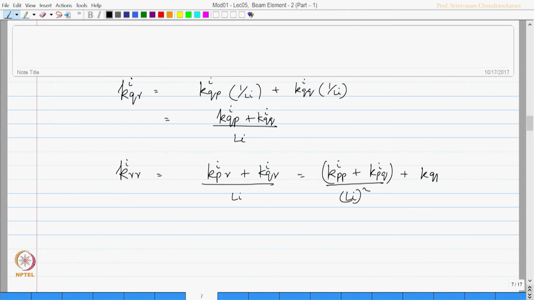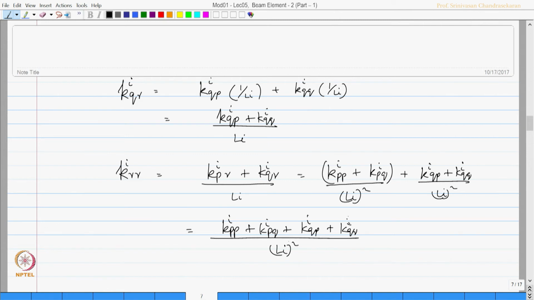So, Kqp plus Kqq by Li square, which means Kpp plus Kpq plus Kqp plus Kqq by Li square.